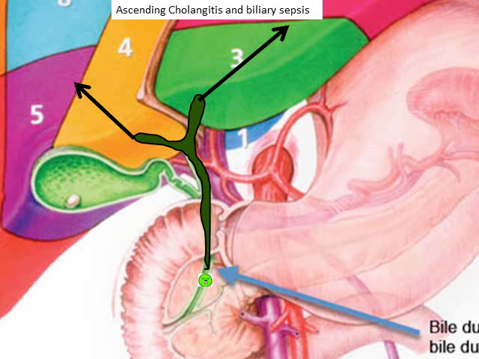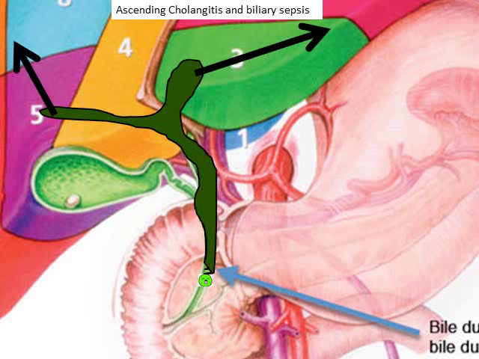So ascending cholangitis is almost the final step of the condition. Basically, over time, your ducts get dilated bigger and bigger, and then this bug from your bowel will climb up the biliary tree, past the gallstone, and land itself in this pool of stagnant bile, okay?